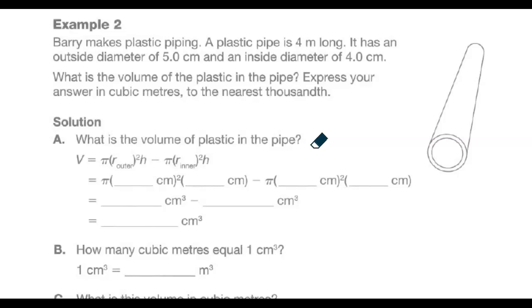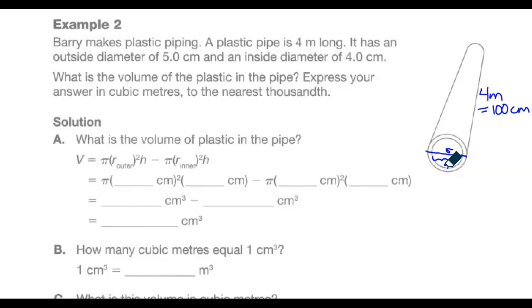So things to note, the length is 4 meters. Remember, 4 meters is 400 centimeters. The outside diameter is 5 and the inside is 4.